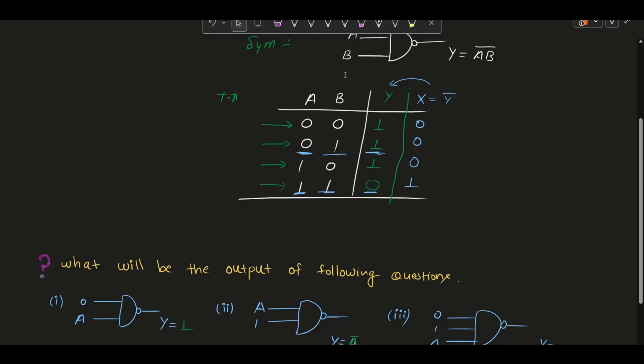Now let's discuss the third example, in which there are three inputs and one input is set to logic 0. So simply we can write the output value for this as 1, because whenever any input of a NAND gate is 0, then immediately the output is 1. Hopefully this NAND logic gate is clear to you.